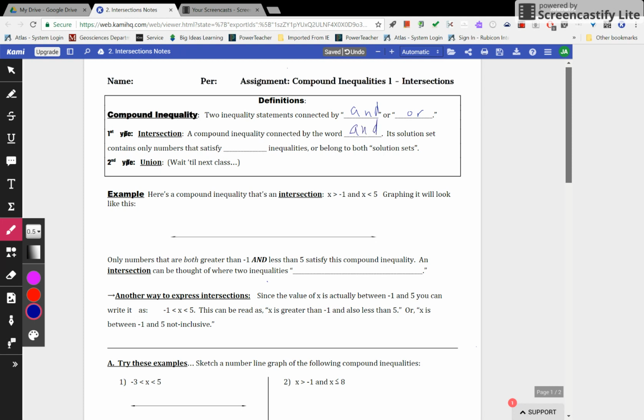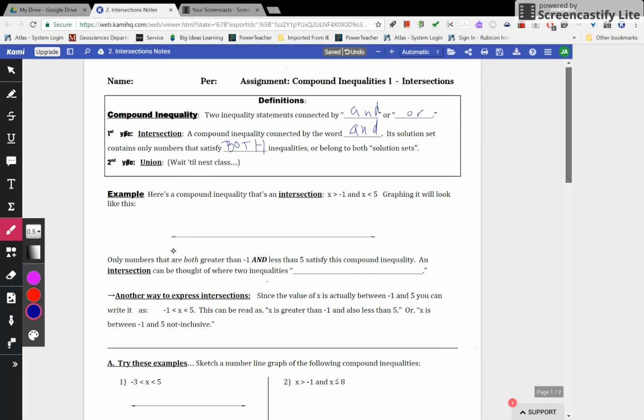That and is very important. Its solution set contains only numbers that satisfy, and this is key, both inequalities or belong to both solution sets. So in other words, in a compound inequality that is an intersection, your solutions will satisfy both of the inequalities.